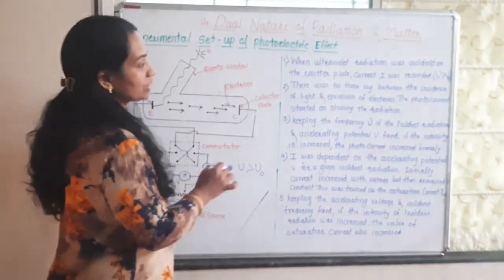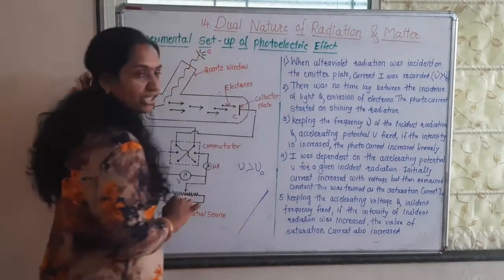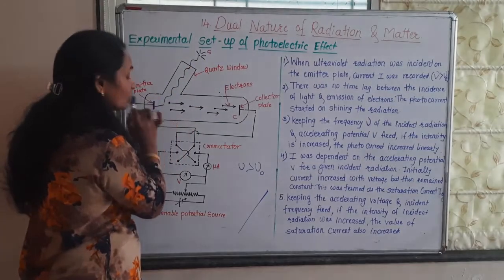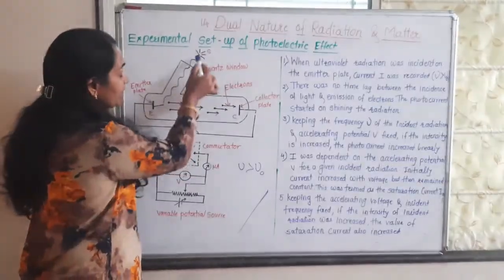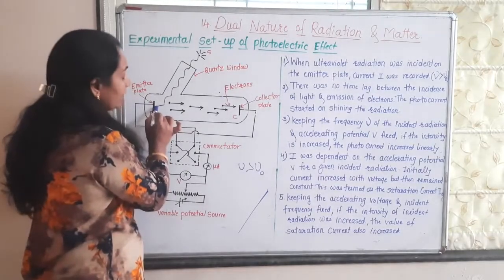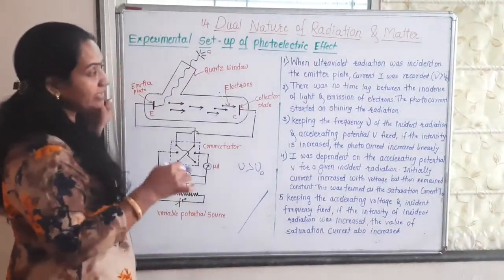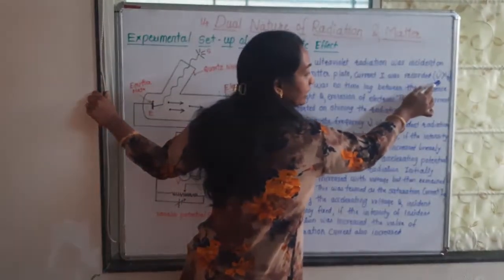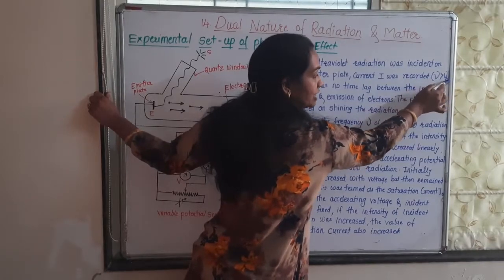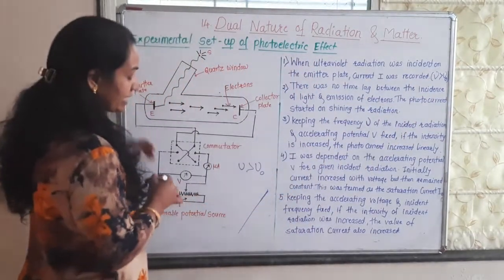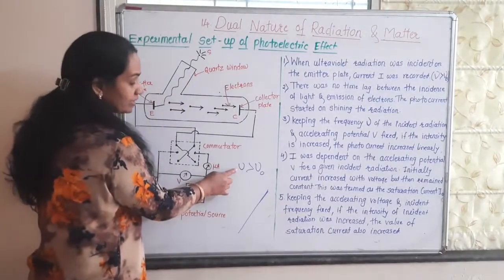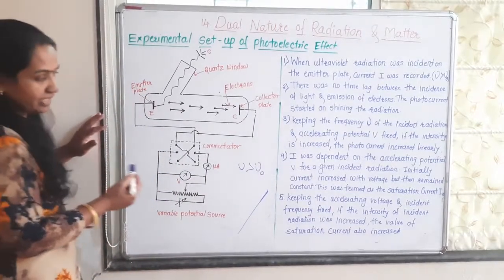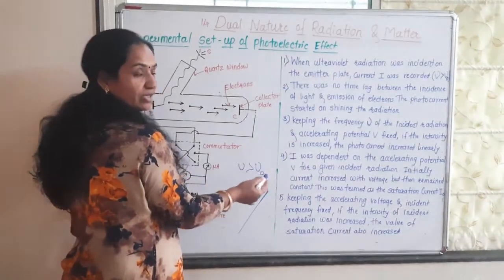The first observation: when ultraviolet radiation is incident on the metal plate, current is recorded as soon as the light falls on the emitter plate, provided the frequency nu of the incident radiation is greater than the threshold frequency nu zero. The threshold frequency is different for different metals.